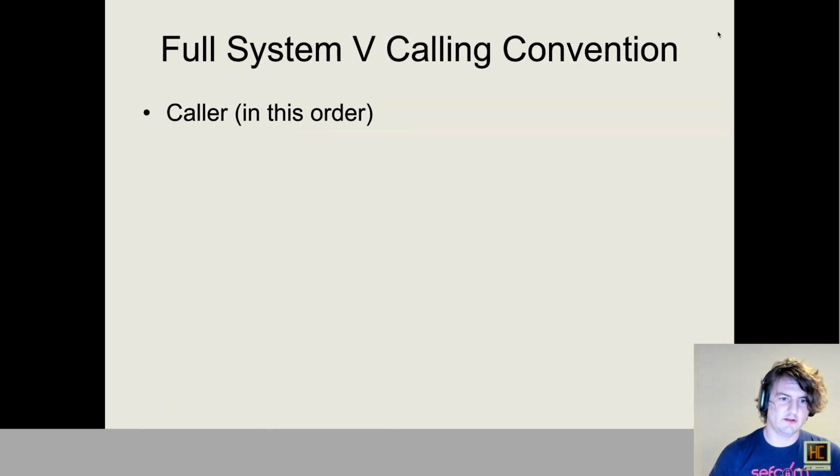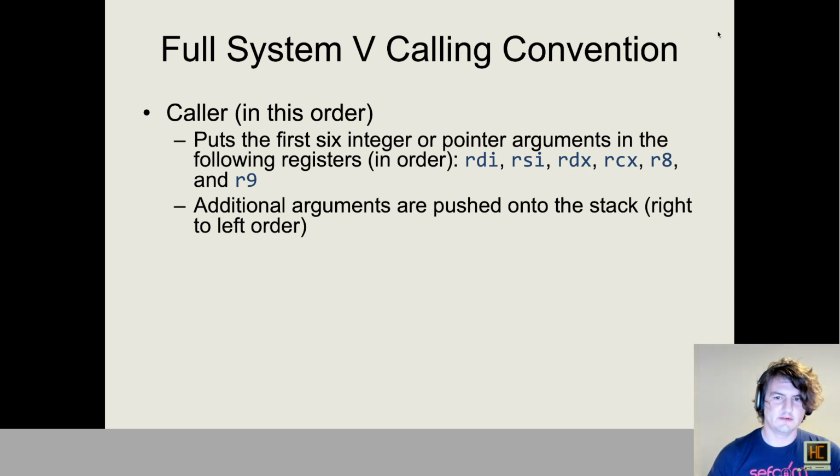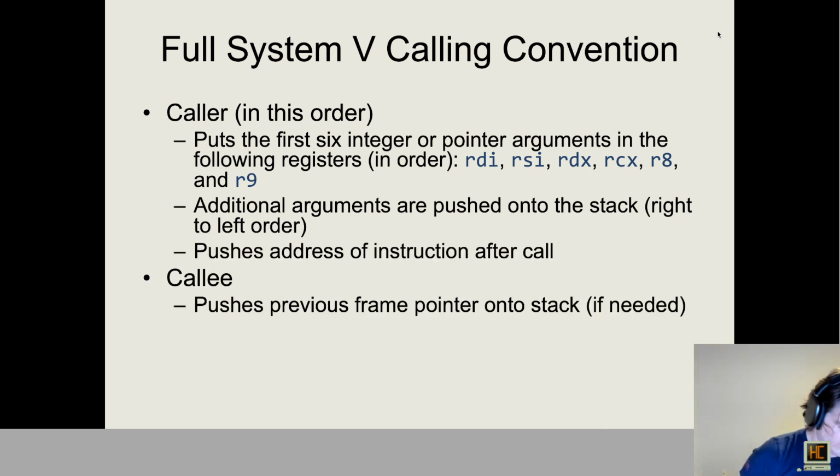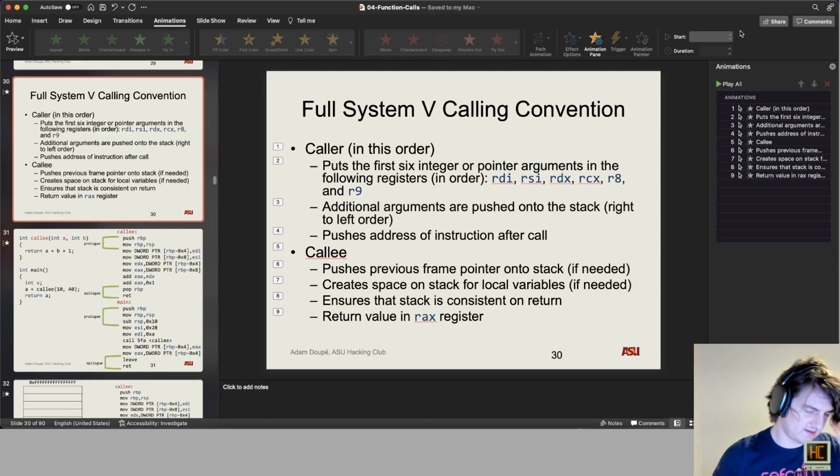Let me look at the calling convention. Yeah, it's right to left. So first argument 8 is pushed and then argument 7. So as you go up the stack, you'll go argument 7, then argument 8, then argument 9, argument 10, and so on up the stack. Cool.